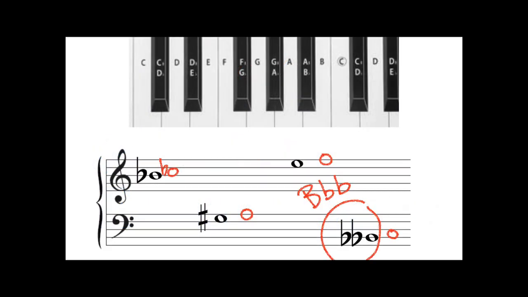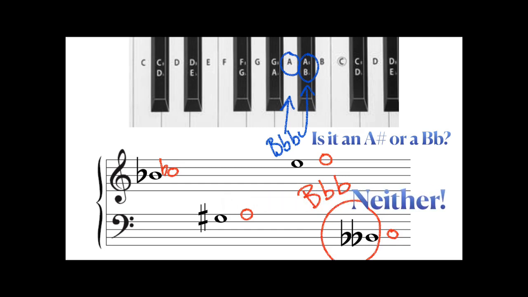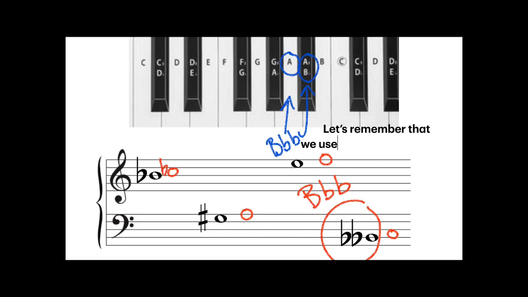Back to our B double flat and the diatonic half step above. Here's our B double flat on a keyboard. There's the key that's a half step above it. Is it an A sharp or a B flat? Neither. Why? Because it has to be some kind of C. Let's remember that we use the adjacent space.